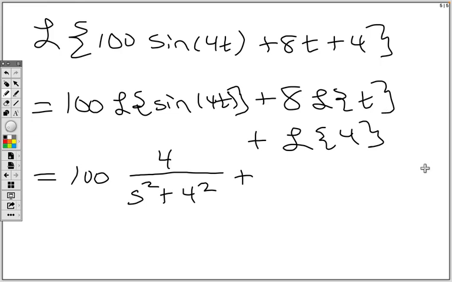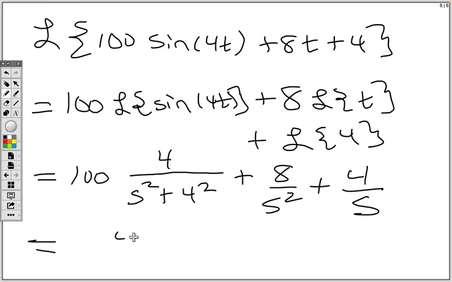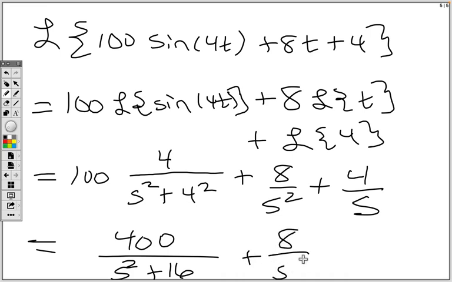Good, 1 over s squared, so that's going to be 8 over s squared. And then the Laplace of 4, that's 4 times Laplace of 1, so that would be what? Four over s, good. Okay, so we get 400 over s squared plus 16 plus 8 over s squared plus 4 over s.